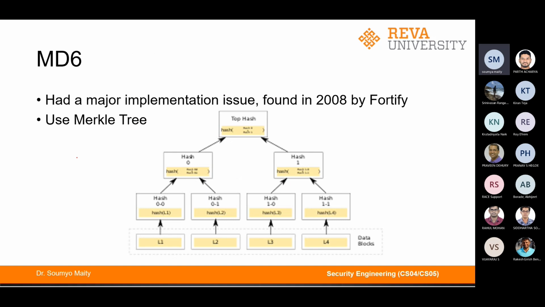Then MD6 also came in 2008, but MD6 was not popular. In fact, it has some problem. It uses Merkle tree. Merkle tree we'll learn when we learn blockchain. But MD6 has an implementation issue, and for that issue MD6 was not adopted widely.